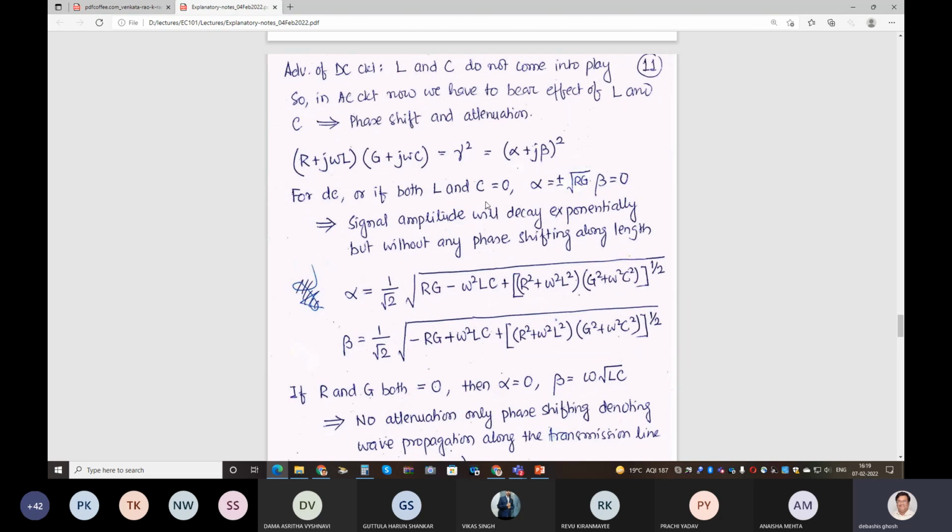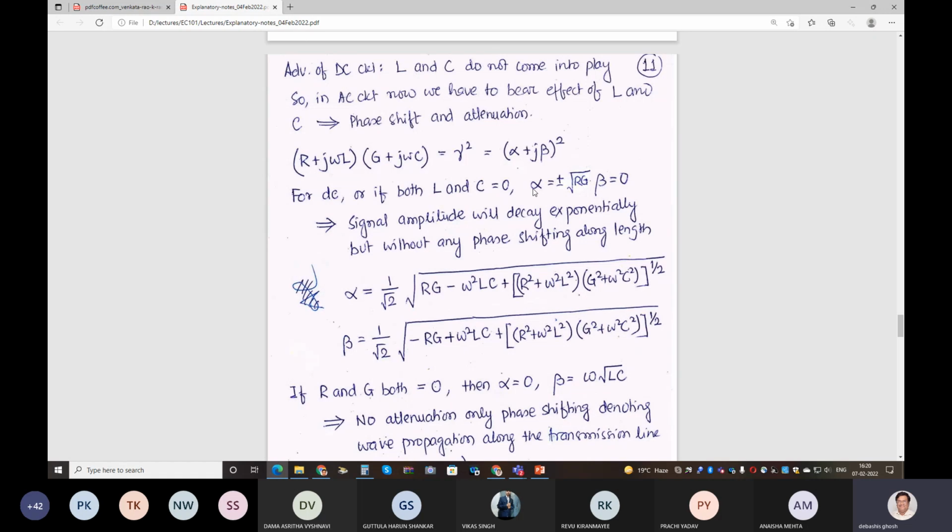But suppose L and C are equal to 0, then you can check that your real part will be 0 in this case.